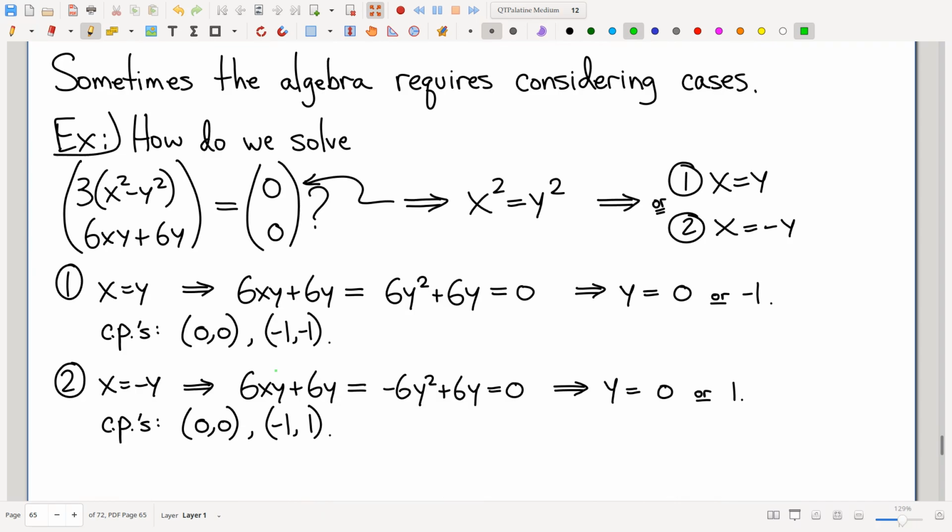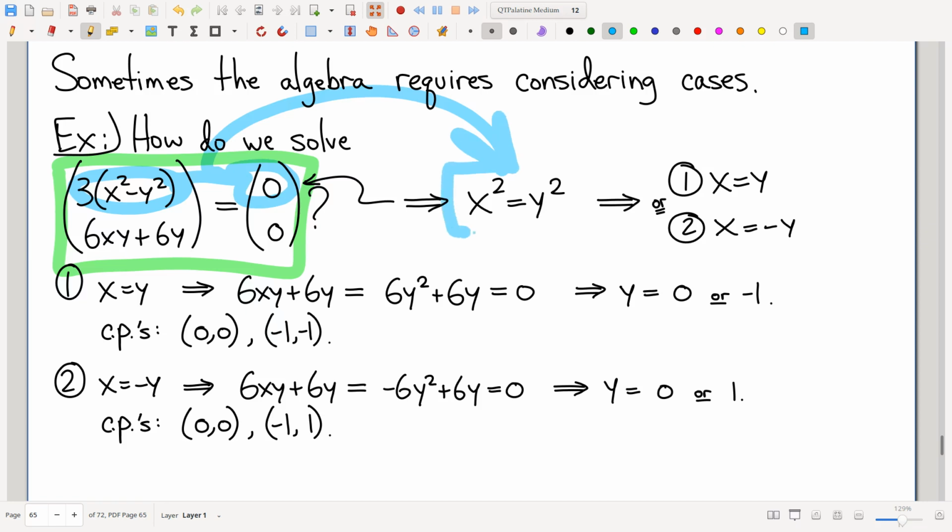So, for example, if you want to solve this system, I think you'll notice pretty quickly, pretty immediately, that x squared is equal to y squared. And a lot of high school algebra courses will tolerate or even encourage students to just immediately conclude that this means x equals y. It doesn't, right?